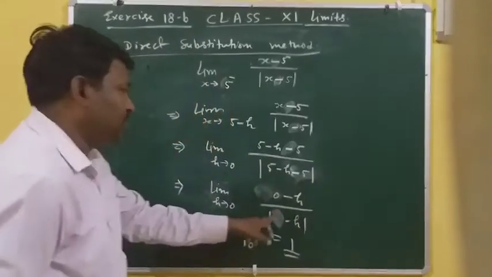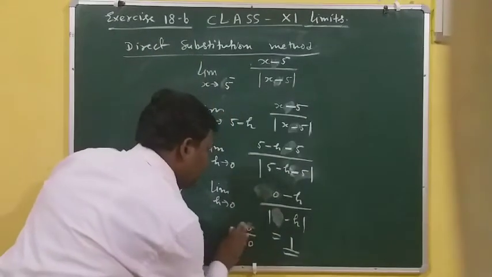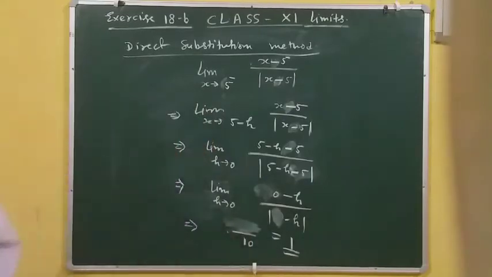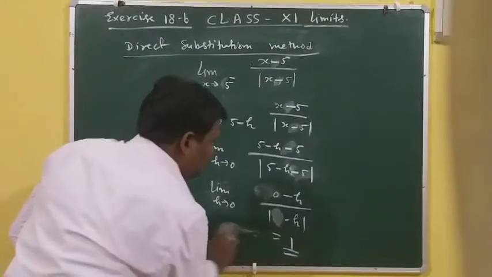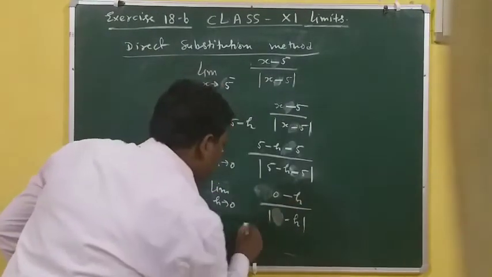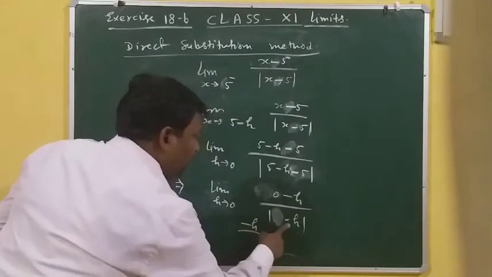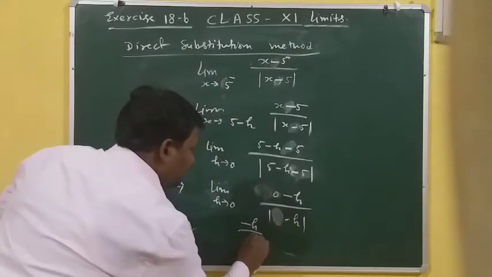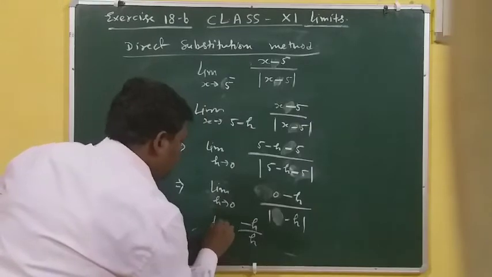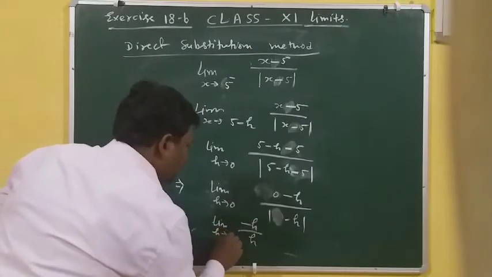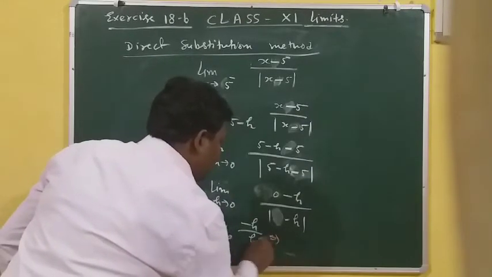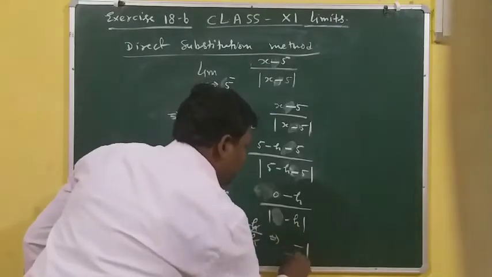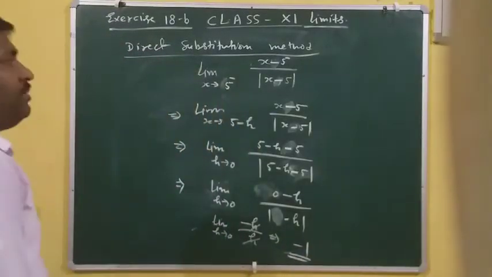Then what will you get? Minus h divided by modulus of minus h, that is h, as h tends to 0. So h cancels, and this is minus 1. So this value is minus 1.